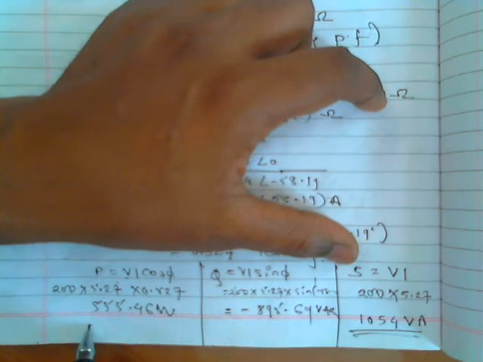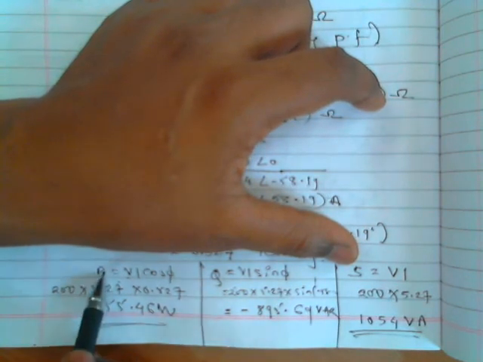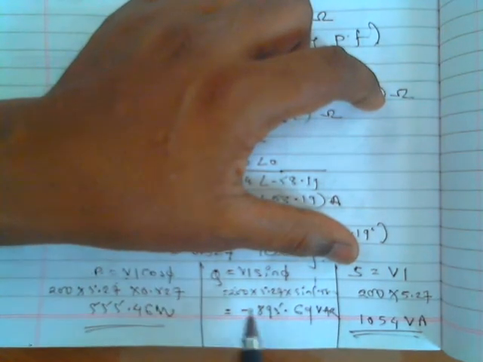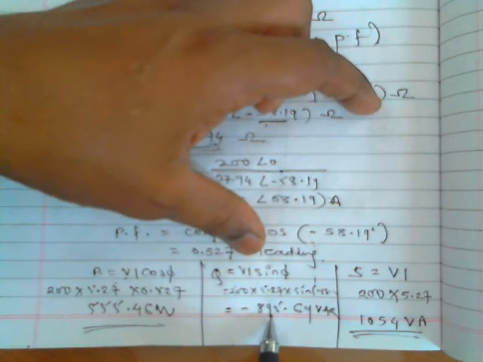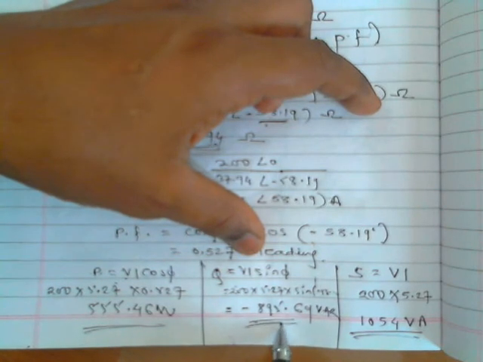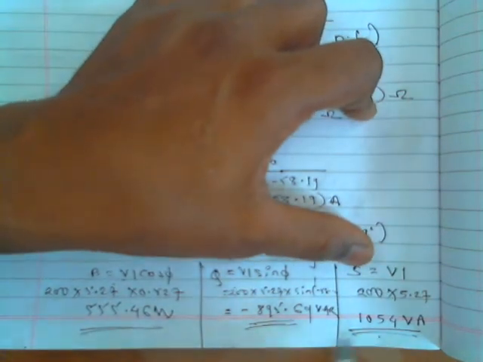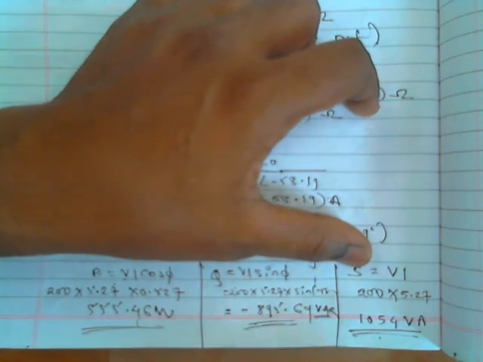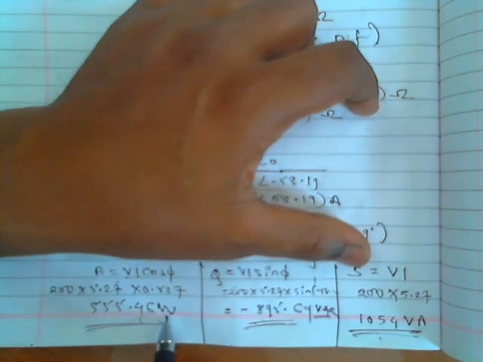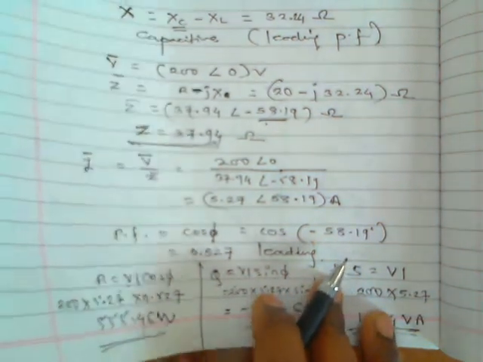See the units: real power is given in watt, reactive power is not useful power and is in VAR, and apparent power is in VA. Okay, so this is how we have seen one example.